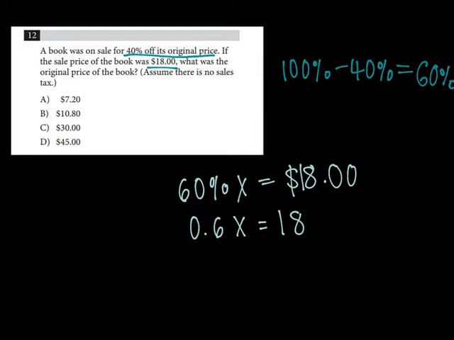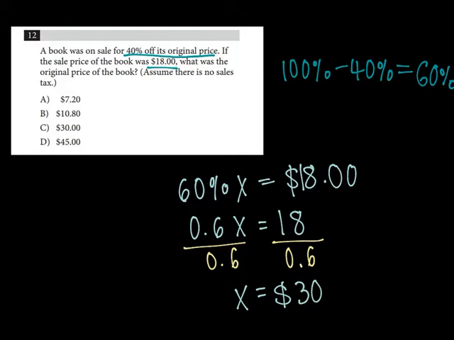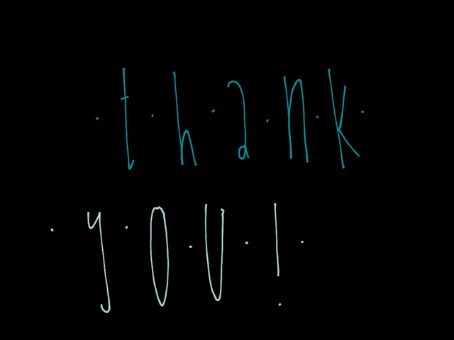And now to solve for x, we would just have to divide both sides by 0.6, and you could use a calculator if you would like, because it's a calculator section. However, it's fairly simple. So 18 divided by 0.6 is 30. So the answer is $30. And looking at our answer options, that would be C, $30.